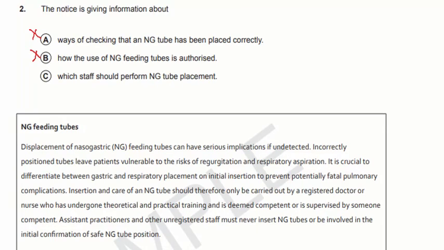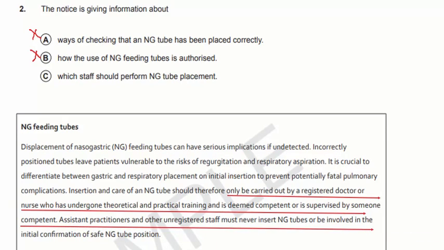From here, only be carried by a registered doctor or nurse who has undergone theoretical and practical training and is deemed competent, or is supervised by someone competent, and who is not to be authorized, like assistant practitioners and other unregistered staff must never insert nasogastric tube or be involved in the initial confirmation of safe nasogastric tube position. So all this is talking about which staff should perform nasogastric tube placement, so this is the right answer.